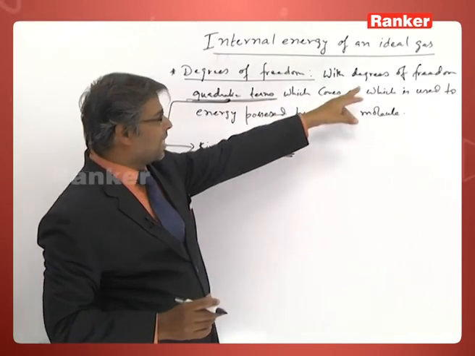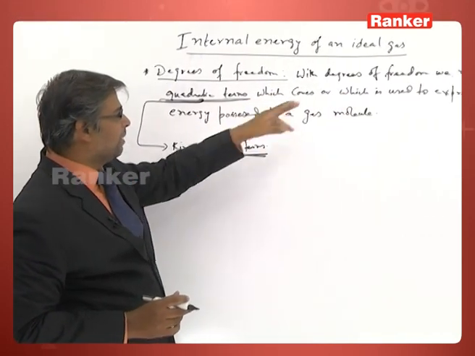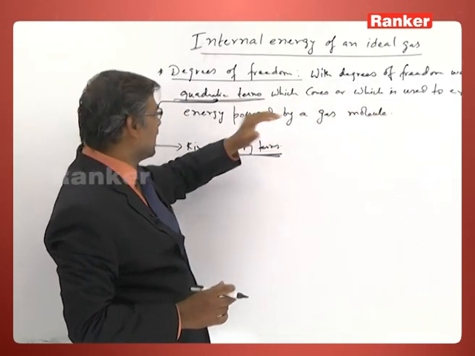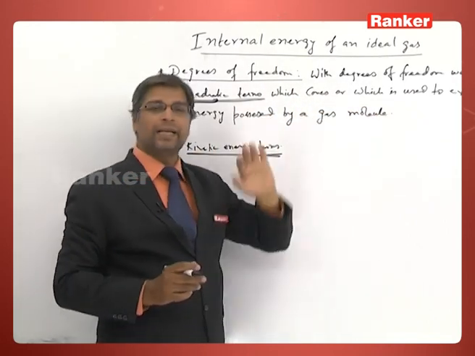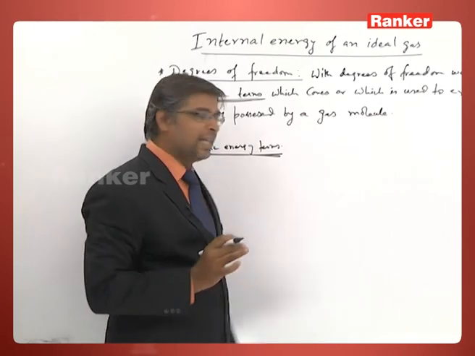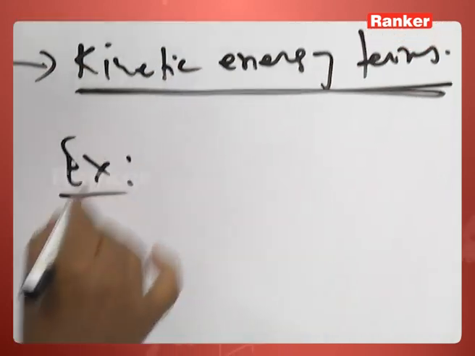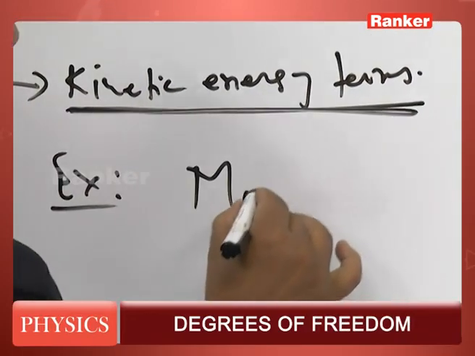So, by the number of degrees of freedom, we mean the number of quadratic terms which come or which are used to express the total energy possessed by a gas molecule. Let us take an example of a monoatomic gas.